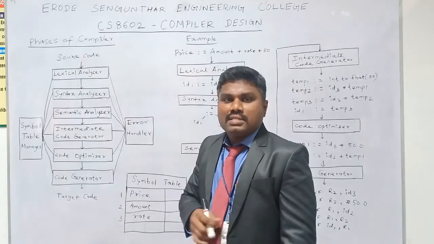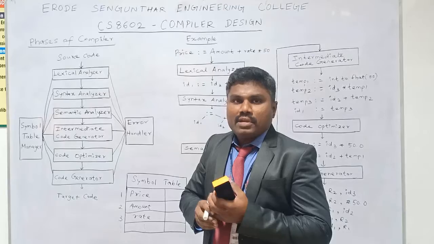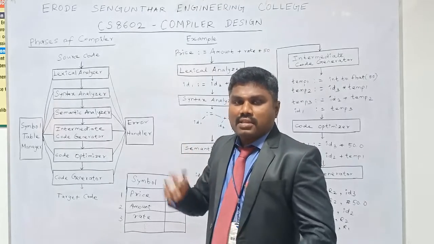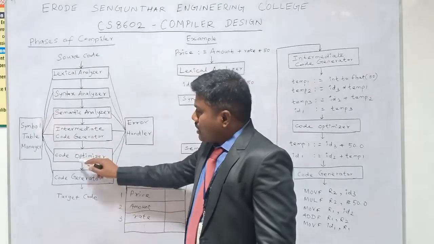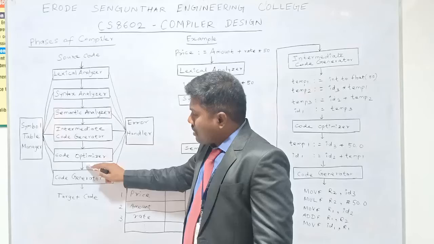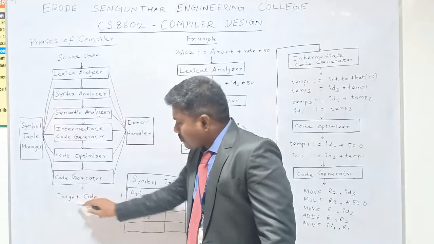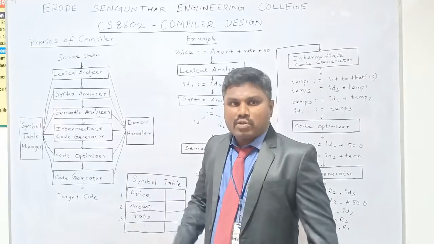Optimize the code in the sense we have to give the betterment of the code. Betterment of the code means unwanted or repeated lines or redundant lines are eliminated by code optimizer. This improved code is given as an input to code generator. Code generator generates the target code or object code depending on the architecture of the particular machine.